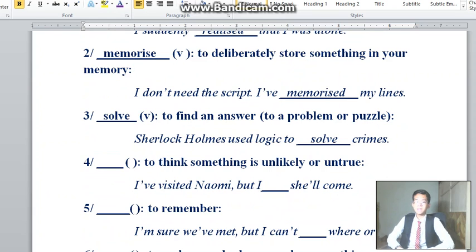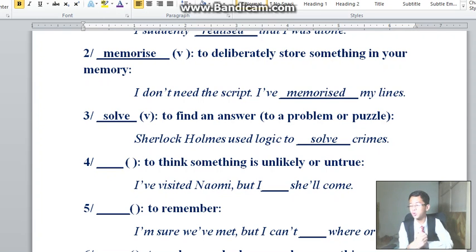To think of something is unlikely or untrue. Remember, we had a story we have read, about Emily's story. In the Emily story part, the doctors thought that the story Emily was telling was untrue. So we have a word to describe that.